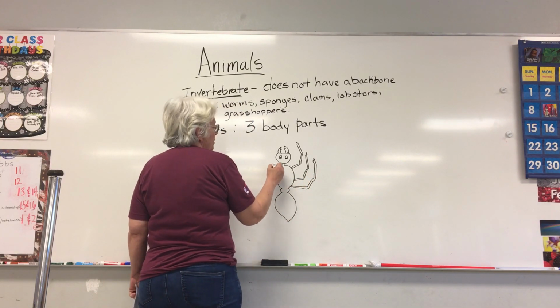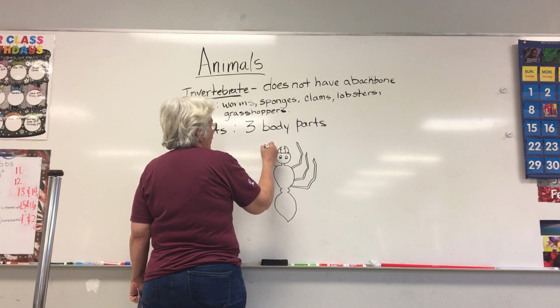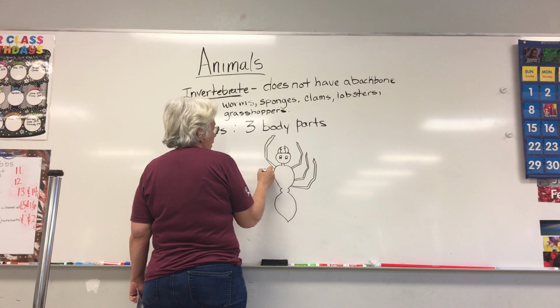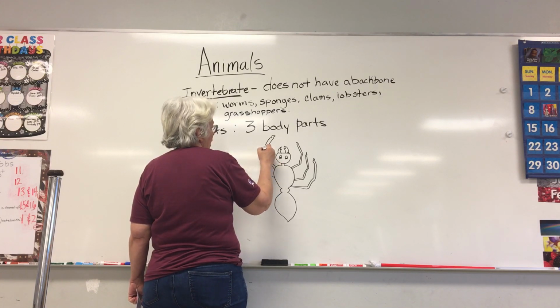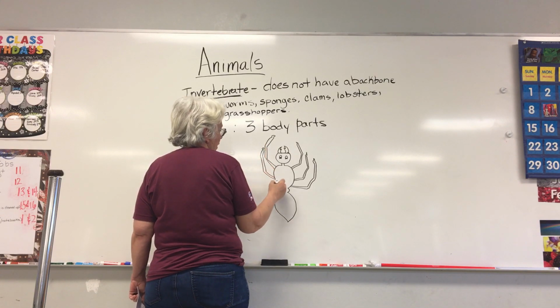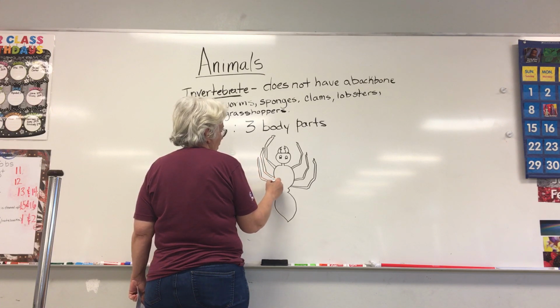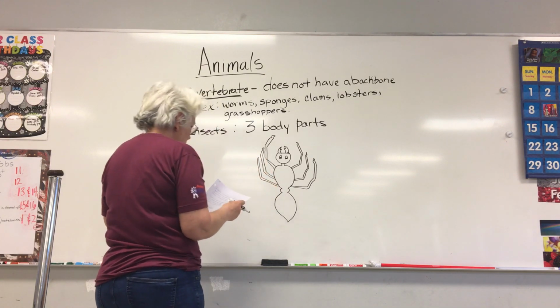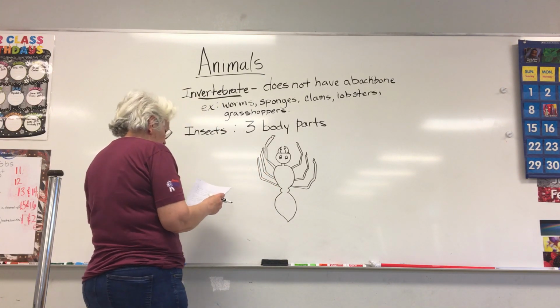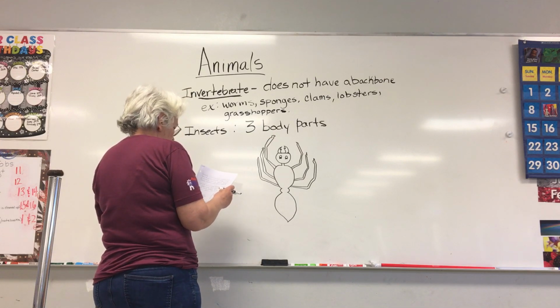Let's put up another one, and make it a little bit shorter. And then his last leg is right there. Okay, so this is Mr. Ant, and he looks more like a spider.